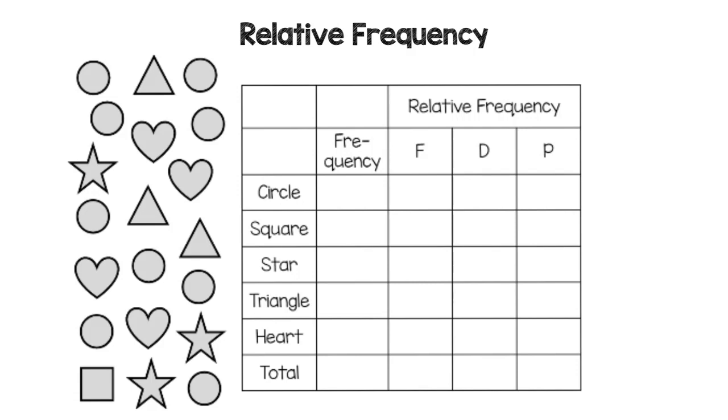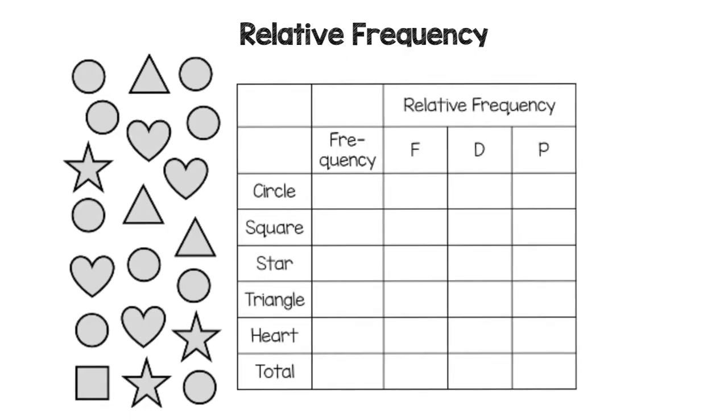Our first one is a circle, so we are going to count how many circles we have here. 1, 2, so altogether we have 9 circles. So in my frequency, I'm going to put 9 because there were 9 of them.